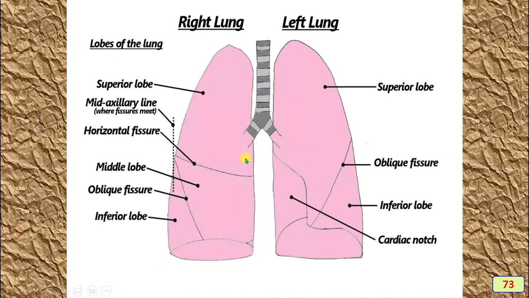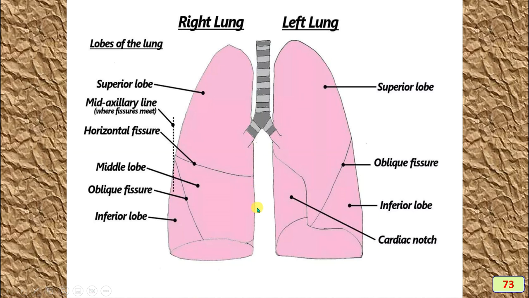Then coming to the structures, there are different lobes. The upper one is the superior lobe, and the first one is called the mid axillary line, and horizontal fissures will be present. Then the middle lobe, then oblique fissures are present, and inferior lobes will always be present.